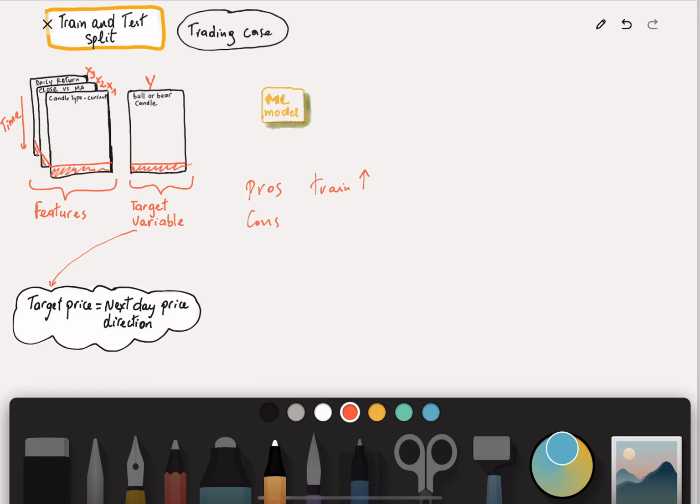The con is obviously that the test set is much smaller, so the confidence in the model is eroded, because we're only going to test the model on a small data set. We're not sure whether the model has actually learned valuable information, because new data might come and the model might be predicting crap.